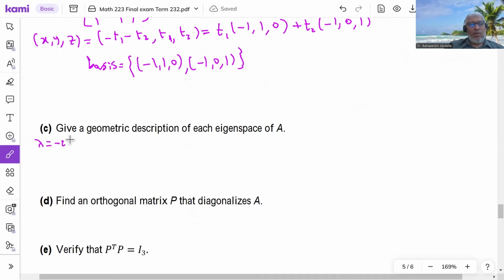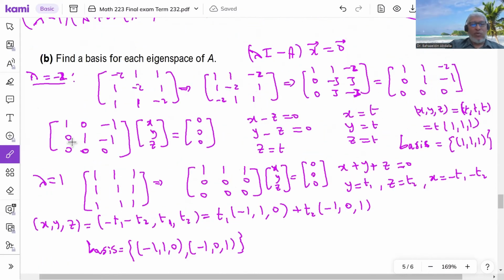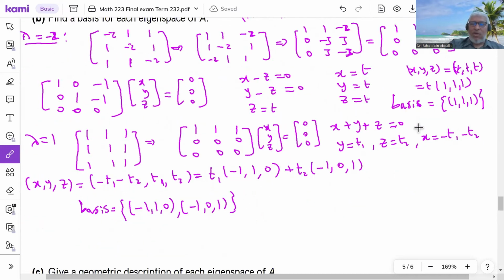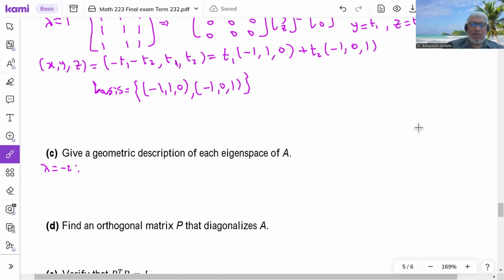Corresponding to lambda equals negative 2, this is the eigenspace: X, Y, Z equals T times 1, 1, 1. The basis is one vector. This equation, X, Y, Z equals T times 1, 1, 1, represents a line through the origin.